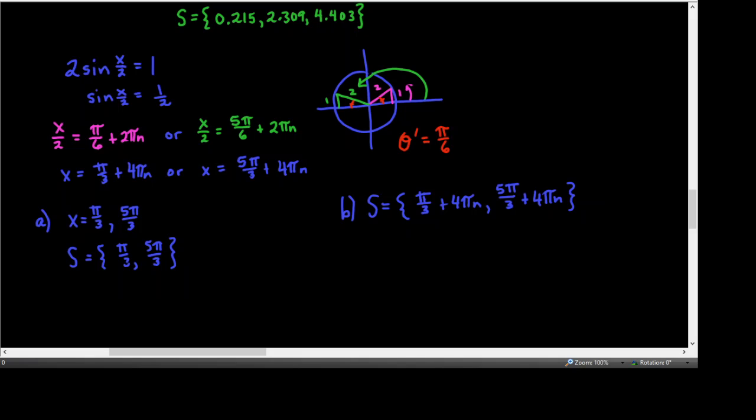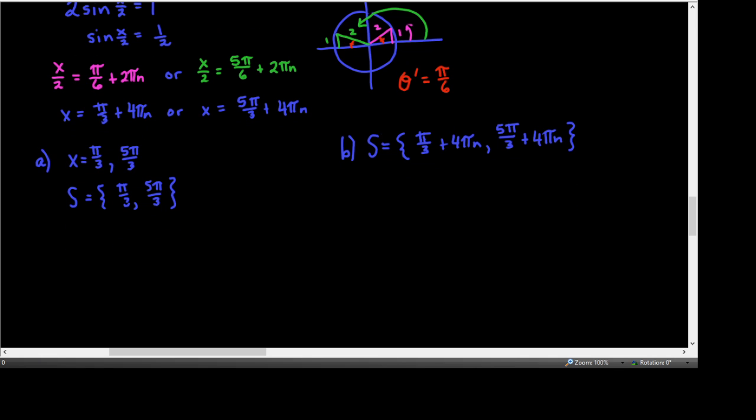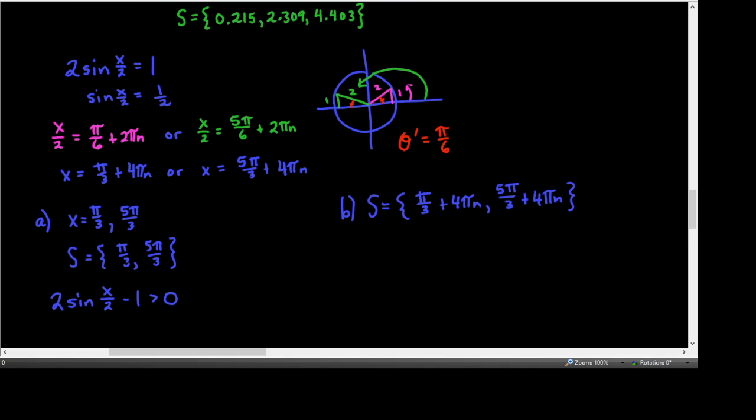Okay. Now, they're wanting us to now do 2 sine of x over 2 minus 1 greater than 0. And if you think about it, the equation we just solved was where if I had subtracted 1 at the outset on that problem to compare it to 0, it would have been 2 sine of x over 2 minus 1 equals 0.